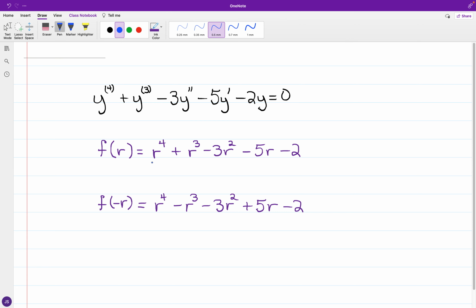And looking at what we have for the roots, hypothetically you have your positive, negative, and complex roots, and you're going to have the total be 4.